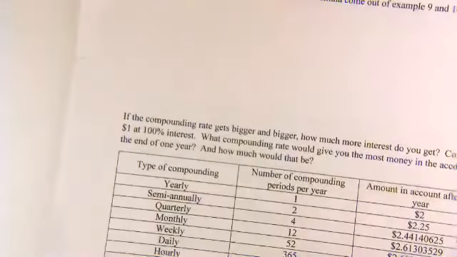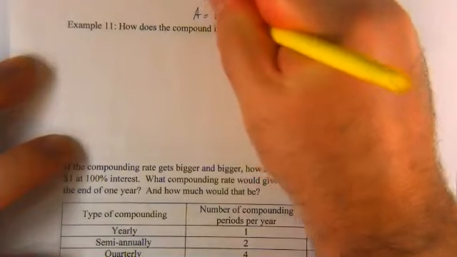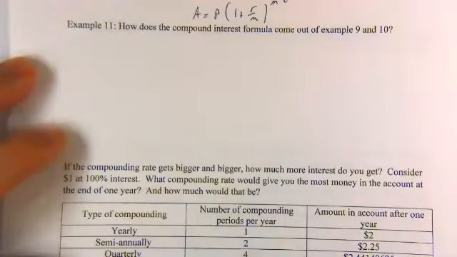That was the other lecture. So, still doing interest. Here we go. So, how does our compound interest formula, which is A equals P times 1 plus R over M to the MT, work?